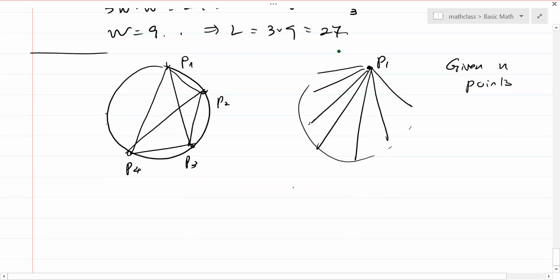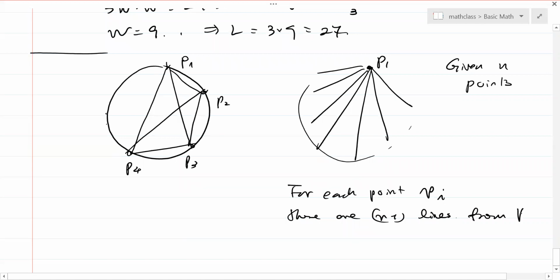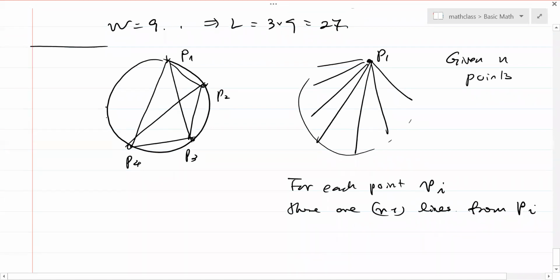So for each point Pi, there are n minus 1 lines associated with it, okay? From Pi, that's one.